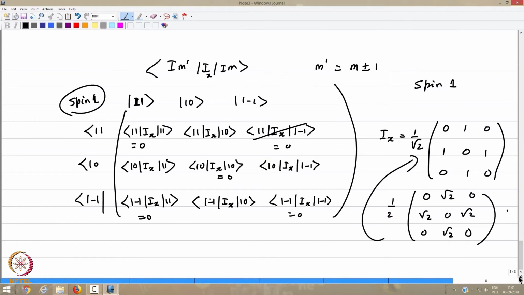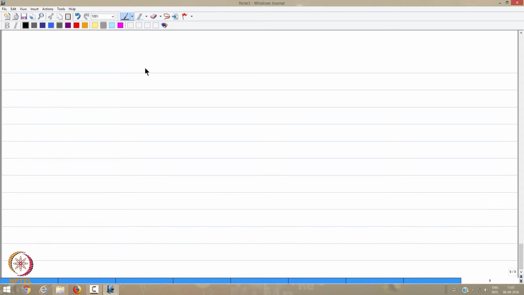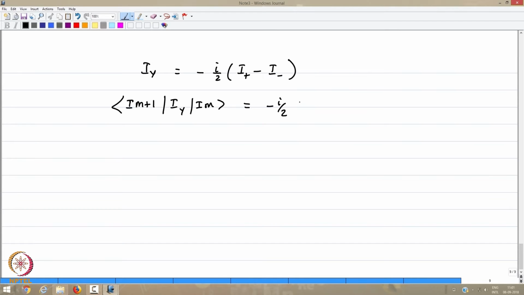What about Iy? Iy is minus I by 2, I plus minus I minus. Therefore, you can see that, because we know it is going to be only one or the other, Iy on Im will be minus I by 2 times Im plus 1, I plus on Im. The plus will bring it up to m plus 1, therefore, they are orthogonal to each other.